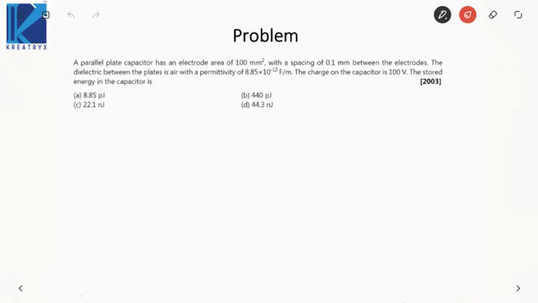Moving on to the next problem, it says a parallel plate capacitor has an electrode area with spacing given and the dielectric permittivity is given. We know the charge, we need to find the energy stored. So in a capacitor, how can you find energy stored? There are three formulae: half QV, half Q square by C, and half C V square.